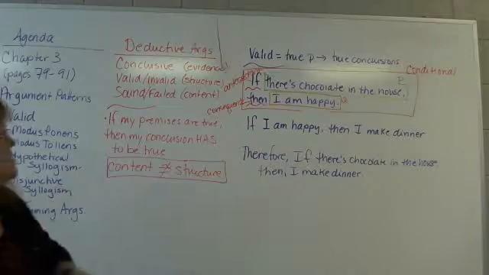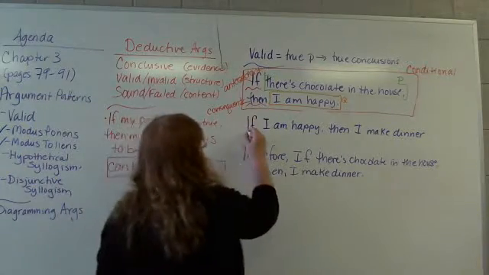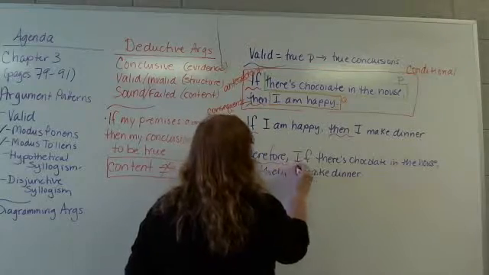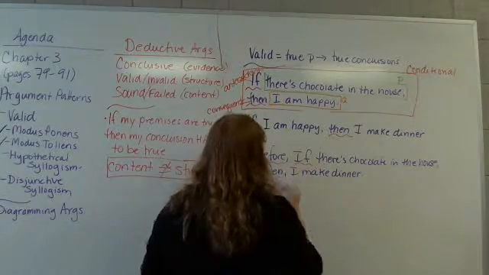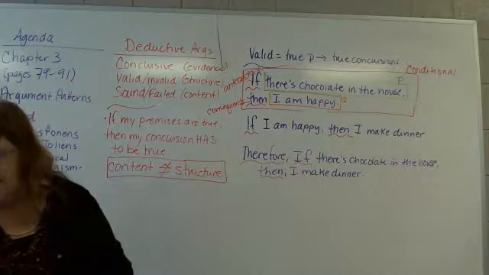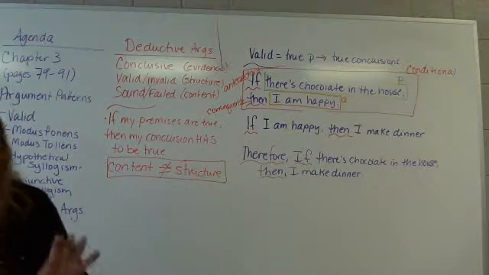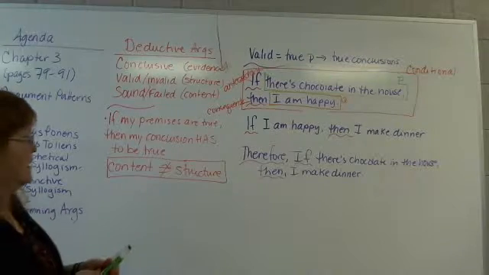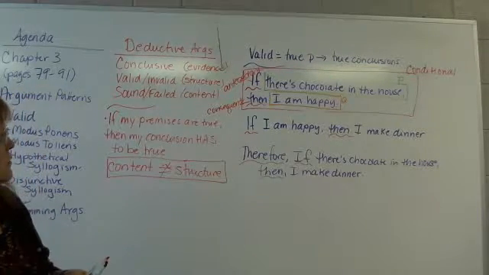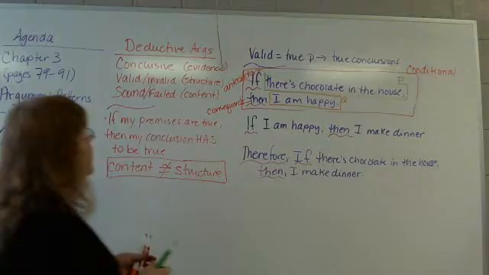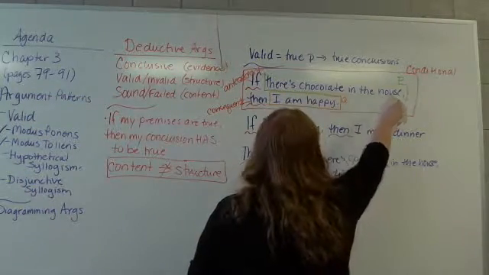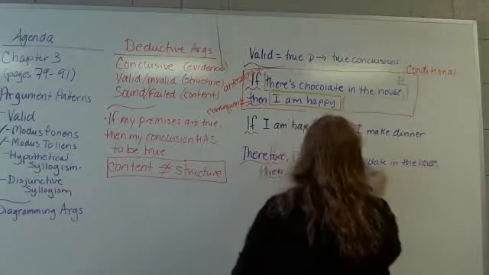Okay, so I have to go through and do my normal stuff. So my little if then, therefore, if then. I have 3 if-thens, but the way they line up is important. I'm going to go through and play with these other pieces. Let's see, can we do red? Yeah, we might as well. So I have my P's. There's chocolate in the house.